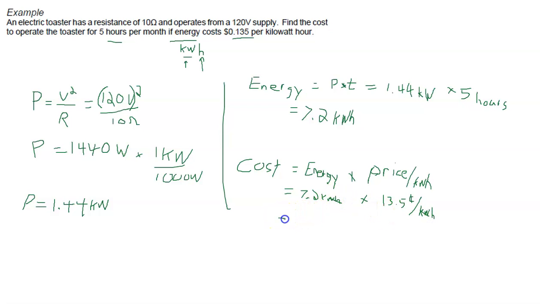And when we multiply that out, 7.2 times 13.5, and round it to three significant digits, 97.2 cents. And remember, this was monthly energy usage, so it's 97.2 cents per month. So it's less than $1 a month to operate the toaster for 5 hours, basically.